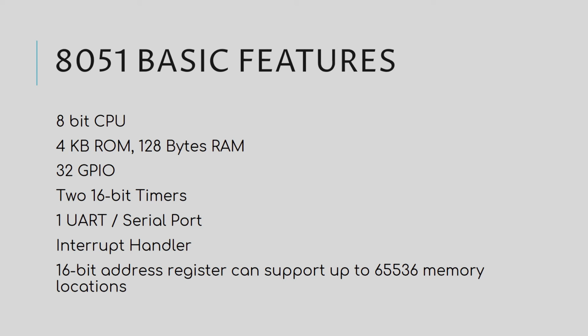Inside 8051, there is a 16-bit address register which can support up to 65,536 memory locations, which is approximately 64 KB. So if you need a larger memory for your program, you can do that too, but you have to use it externally. So 8051 IC can support 64 KB of ROM.